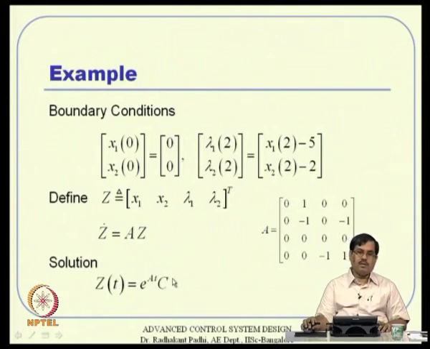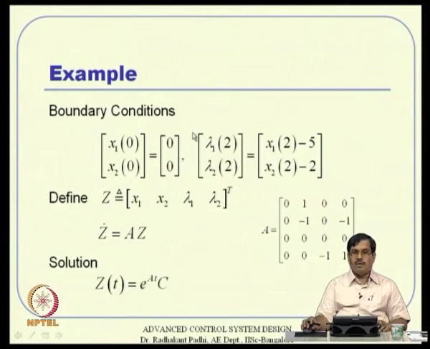That's the solution. But unfortunately, we do not have that, because lambda 1 0 and lambda 2 0 are not known to us. What is known to us is lambda 1 of 2 and lambda 2 of 2, which are conditions at the final time. If everything were known at the initial time itself, then it could have been done by now.